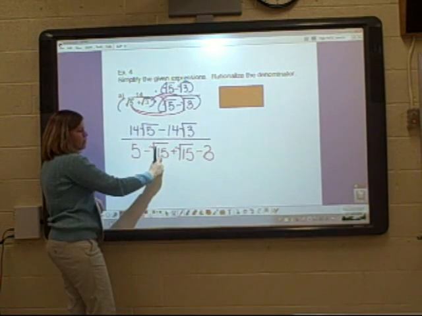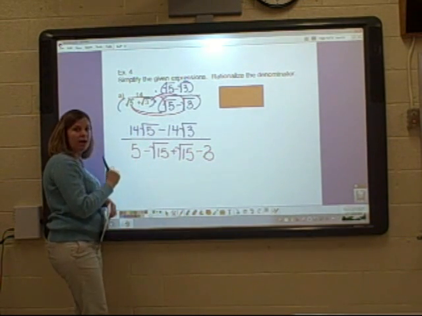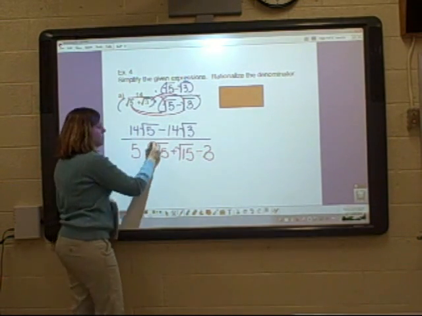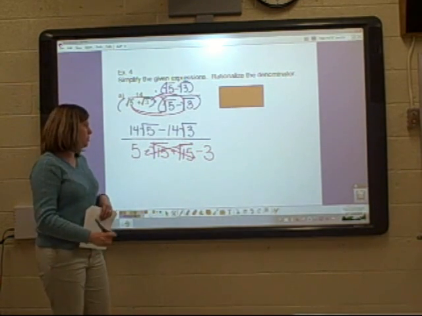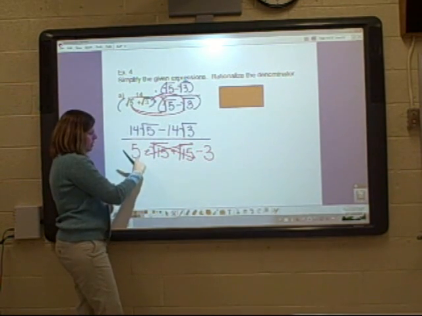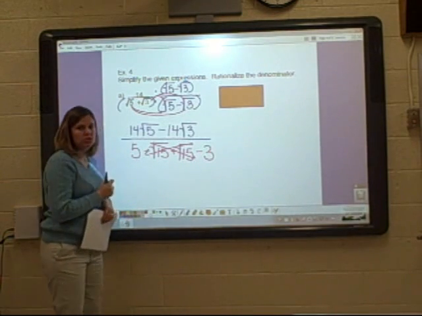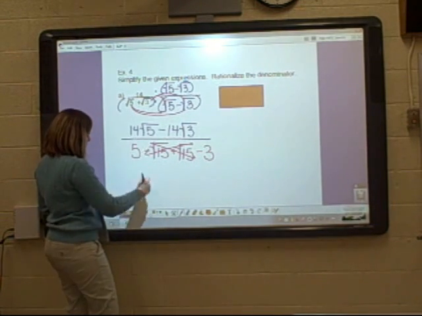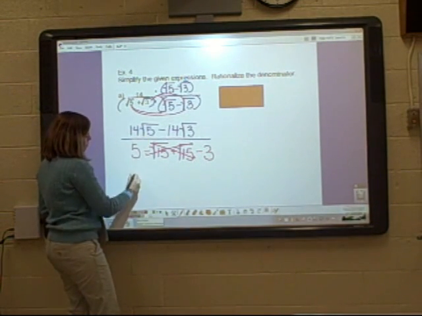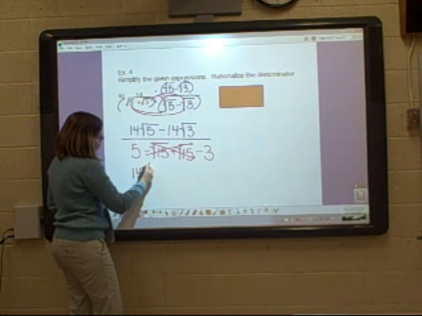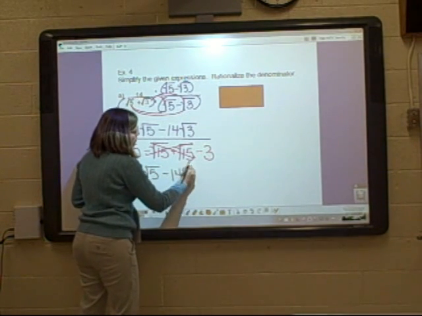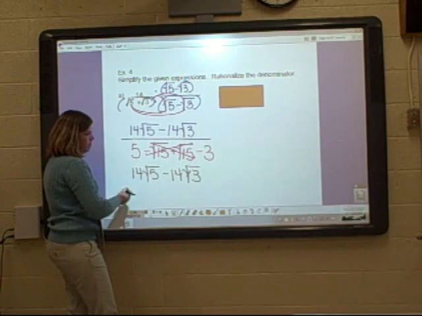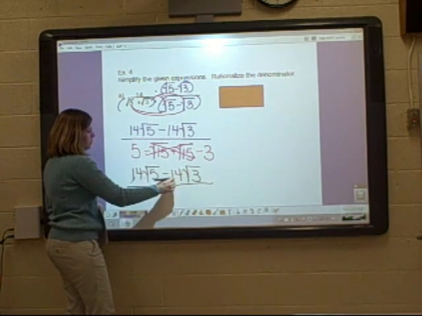Notice that my outer and my inner cancel, which gets rid of my square roots. So in my denominator, I just have 5 minus 3, which is 2. So my next line would be 14 root 5 minus 14 root 3 all over 2.